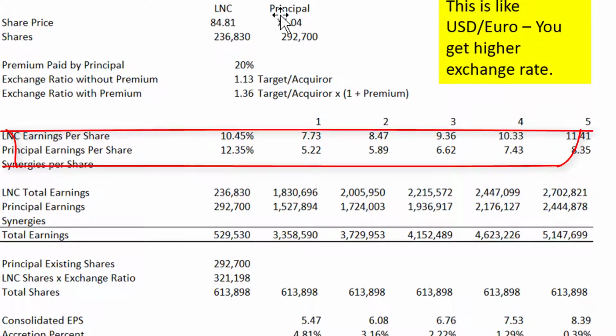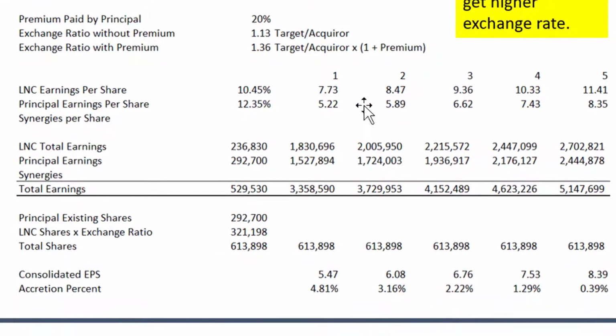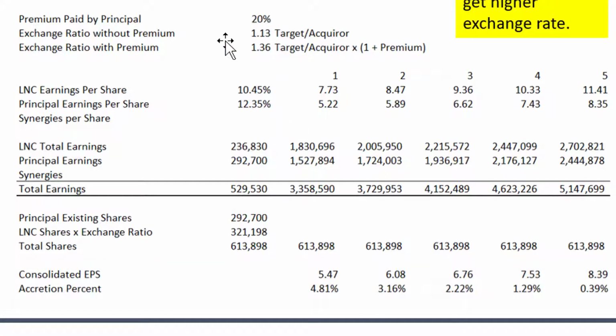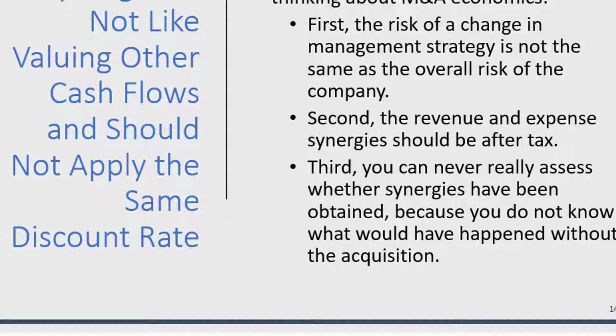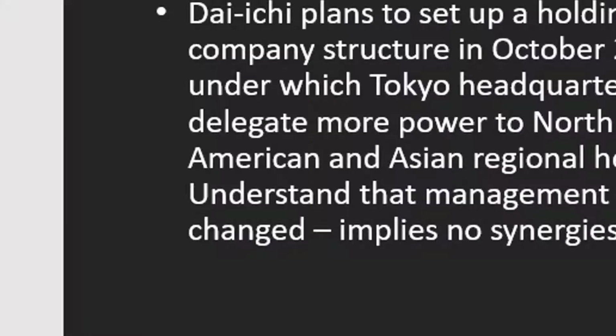They're the acquirer, and the consolidated earnings after the merger are higher, even with no synergies, even paying a 20% premium. So this goes exactly against the whole business here. But in the real world, that's what's going to happen.